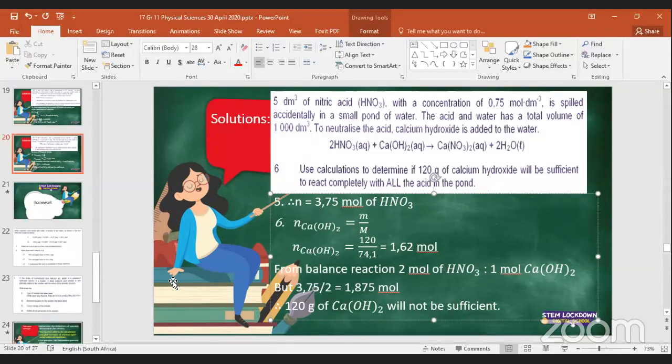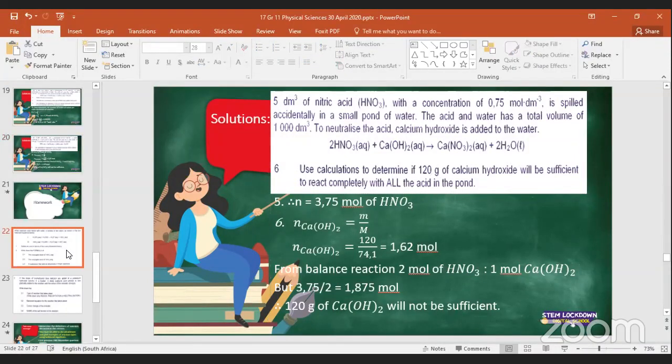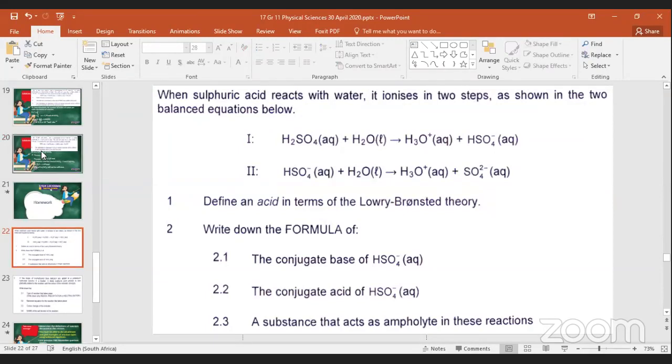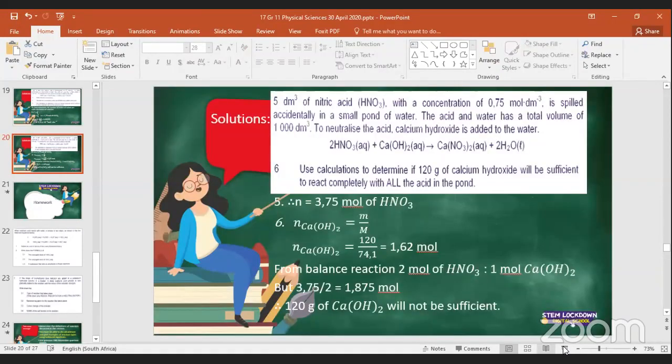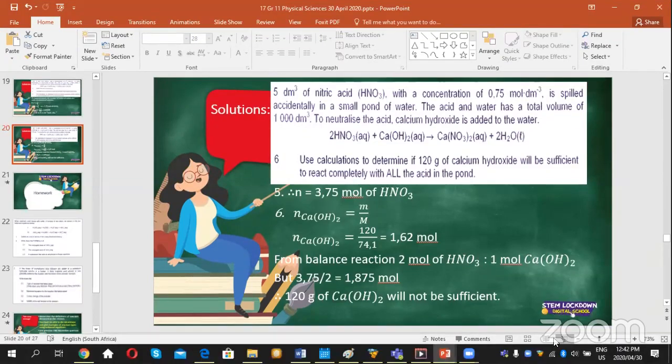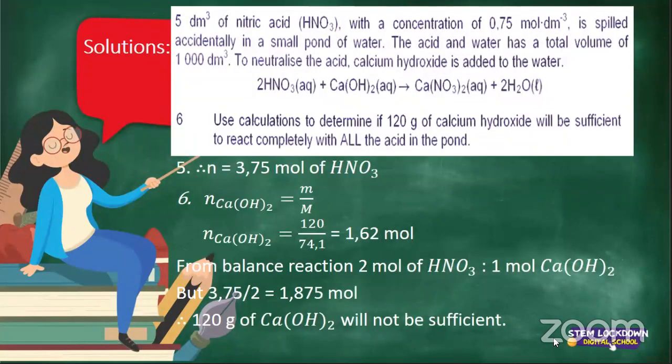Right, let's carry on. Right, let me just make it a bit more legible and go through it again quickly. Remember, we have calculated the number of moles of an acid.